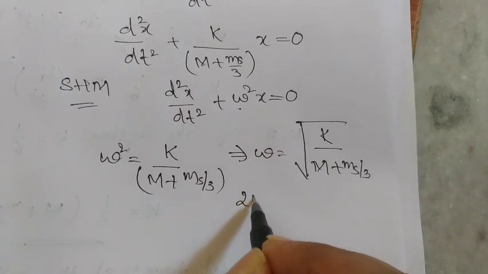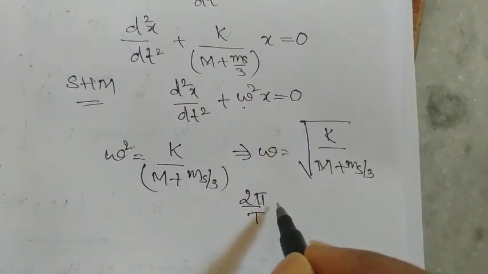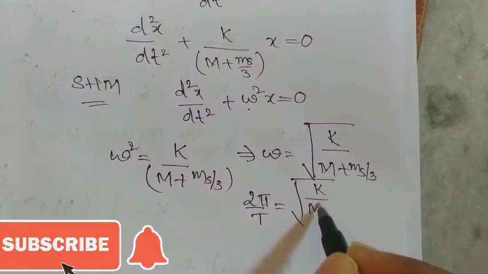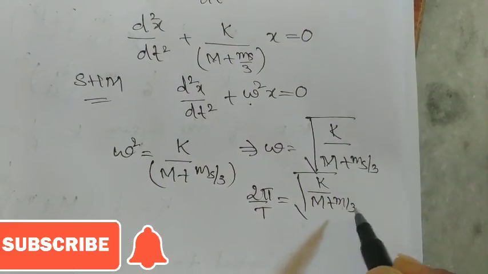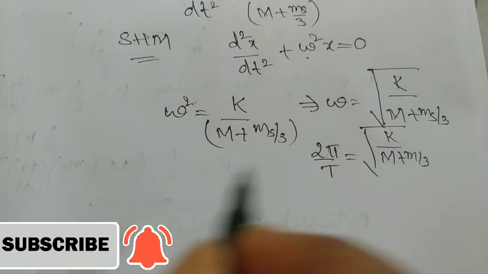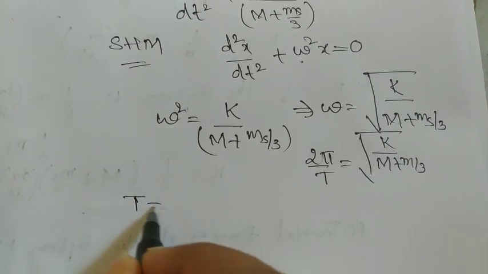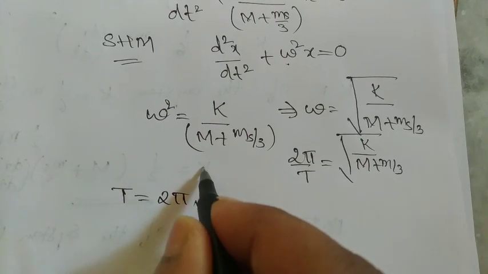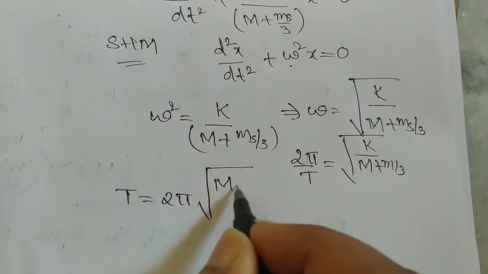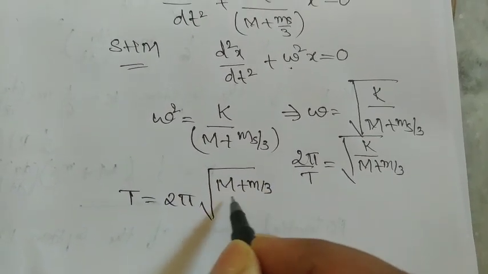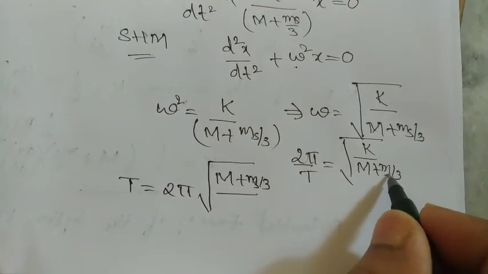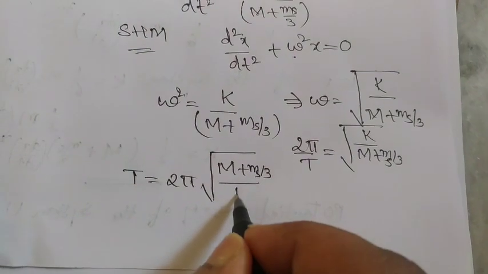In terms of time period, omega is 2 pi/T, which equals the same root. Therefore the time period can be written as T equals 2 pi root over (m + ms/3)/k, where ms is the mass of the spring.